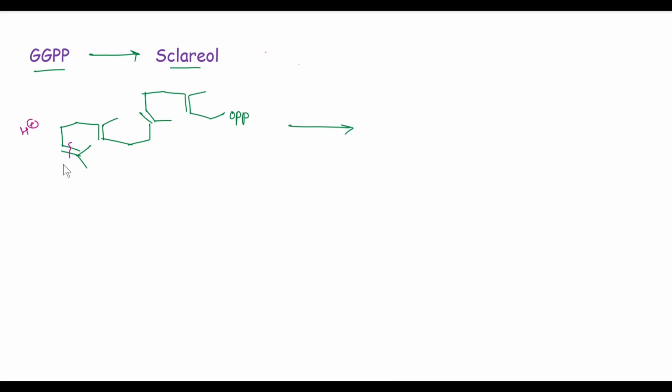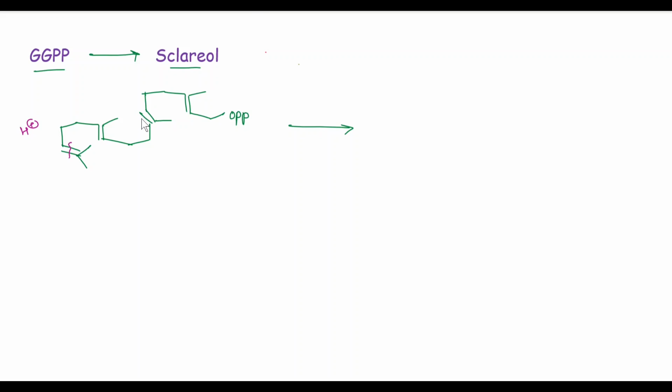Now we will see the biogenesis of sclareol from GGPP. So the first structure of GGPP. In the first step, protonation takes place of this double bond with cyclization.